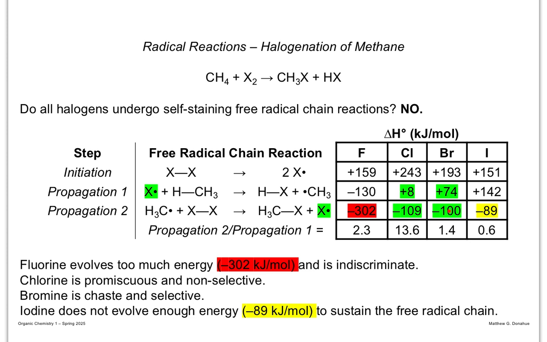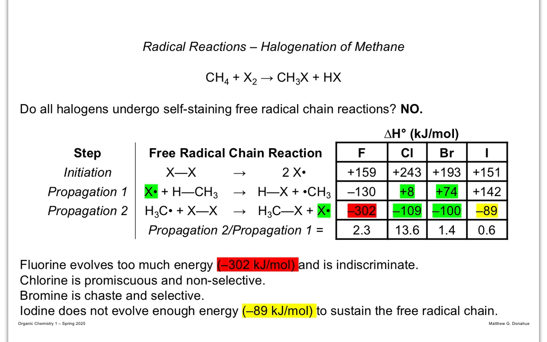So those are really well matched. You have just enough plus a little excess to meet the propagating step. And then we see for iodine, it actually inverts. Iodine propagation step 1 is now +142. And then propagation step 2 is now negative 89. So even though that's exothermic, it does not meet the energy requirement to propagate the chain.